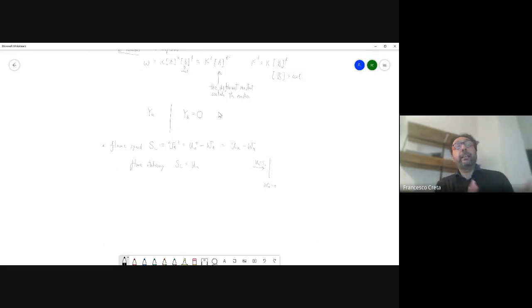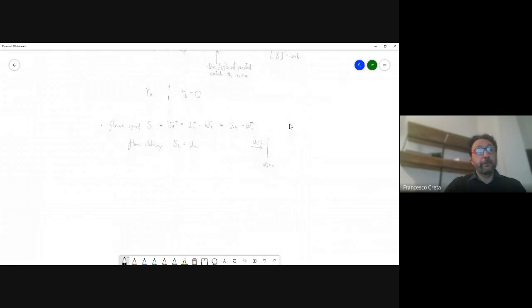If we are in lean conditions, the deficient reactant will be the fuel. If we are in rich conditions, the deficient reactant will be the oxidizer, so that this Y here is always the deficient reactant. Downstream of the flame, it's always completely zero, depleted.